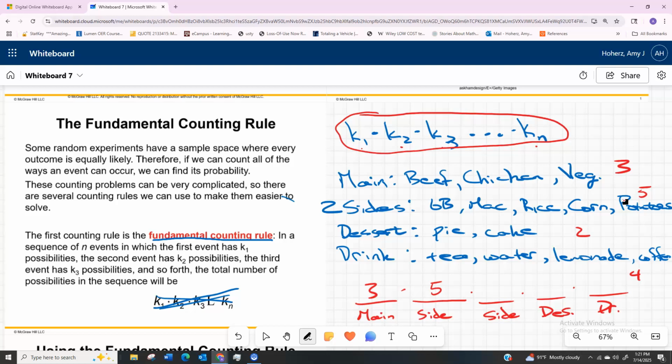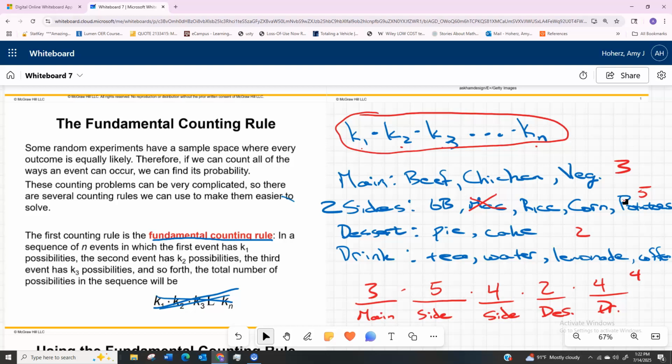After the first side choice, say we pick mac and cheese, we only have green beans, rice, corn, and potatoes to pick from. So our second side would only be 4. That's dependent on the fact that we couldn't put the first one back. Desserts, we have 2 choices, and drinks, we have 4.